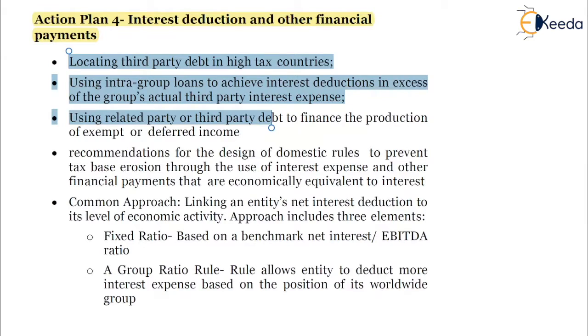Last is using related party or third party debt to finance the production of exempt or deferred income. So one intra-group company is financing another company by taking a loan. So these are some of the examples, practical issues which have been addressed by Action Plan number 4 through recommendatory measures.